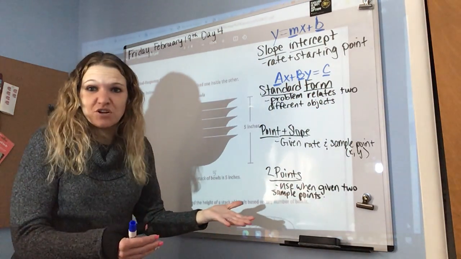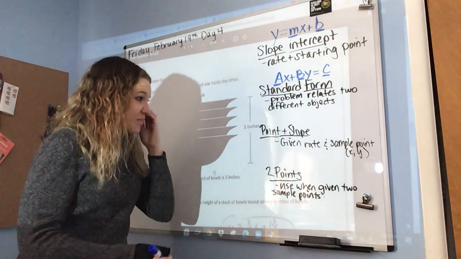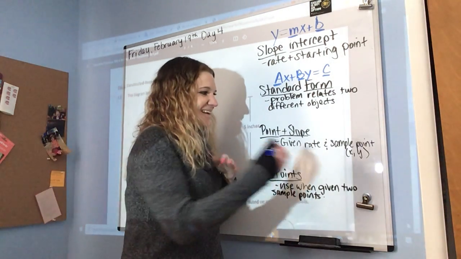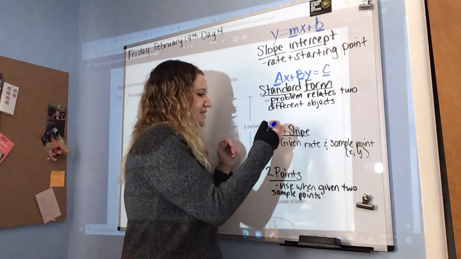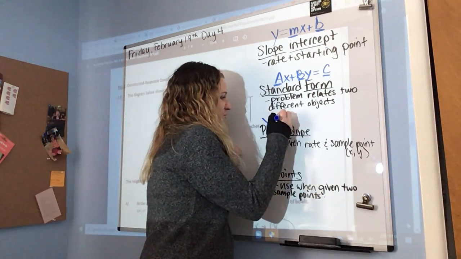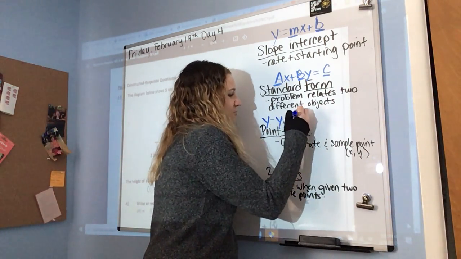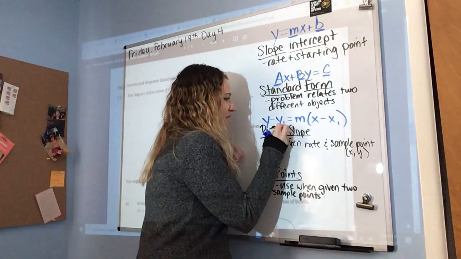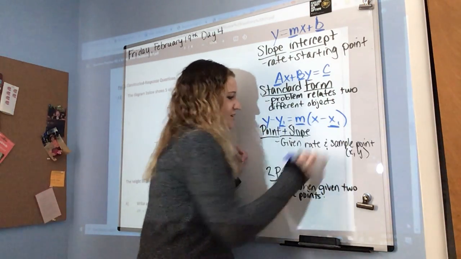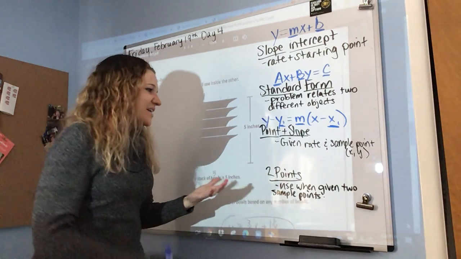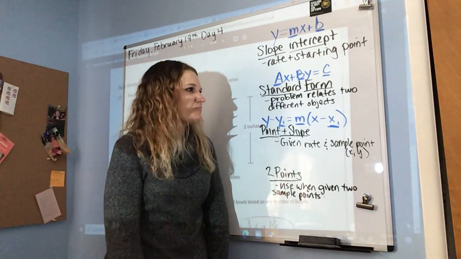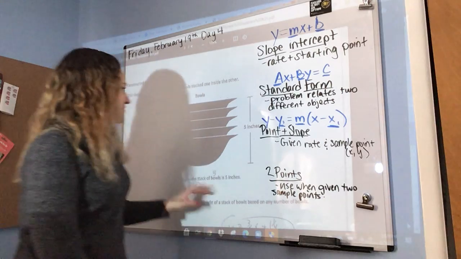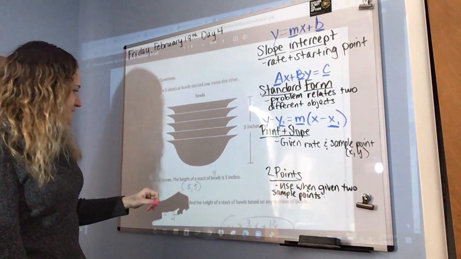The next one that you're going to see is point-slope. This is when you're given a rate and a sample point. Let me write down point-slope form for you. That would be y minus y1 equals m times the quantity x minus x1, and you fill in the y1, the m, and the x1. I'm not sure if either of these two problems are examples of that.